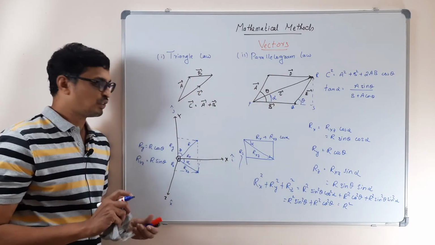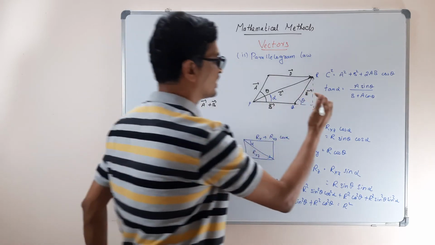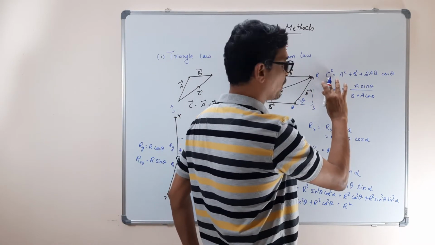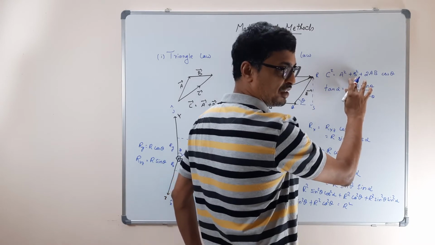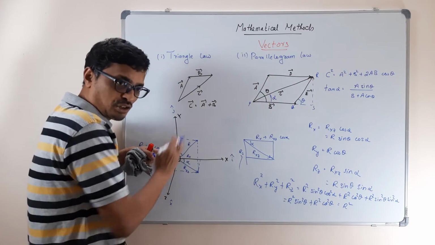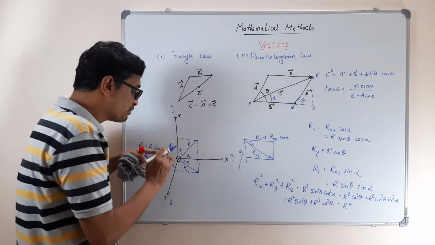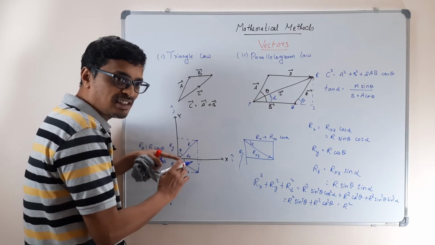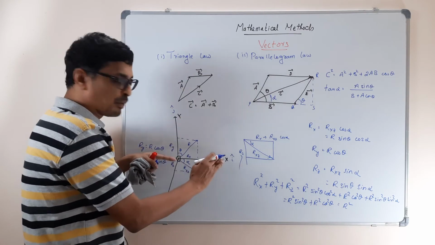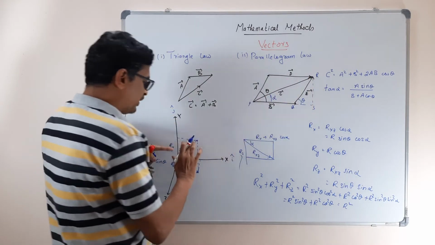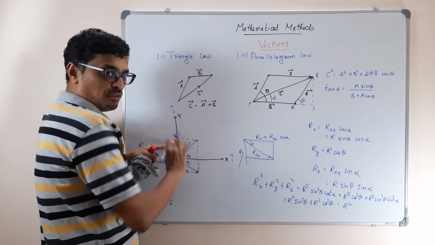You got it? So earlier, if you remember the relation we wrote here, c square equal to a square plus b square. When you resolve a vector into two perpendicular components, the magnitude squared will be the sum of the squares of these two.